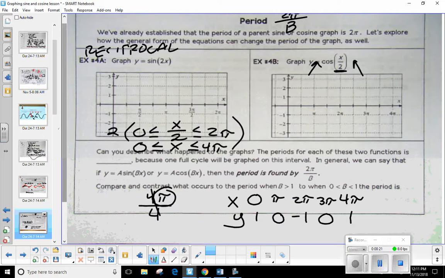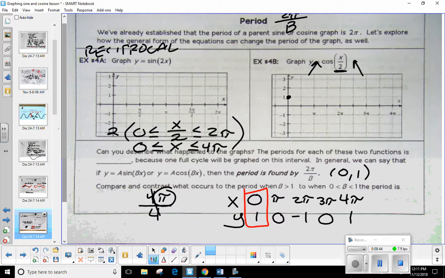So I've created 5 ordered pairs on the graph that I'm trying to sketch. For example, the first ordered pair is just the first column, so that's the ordered pair 0, 1. So I'm going to go 0, 1. The next ordered pair would be pi, 0. And you'll notice the grid's already ready for you.